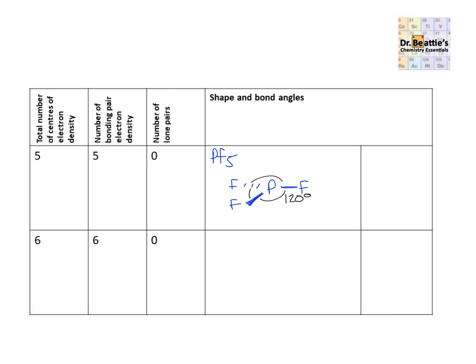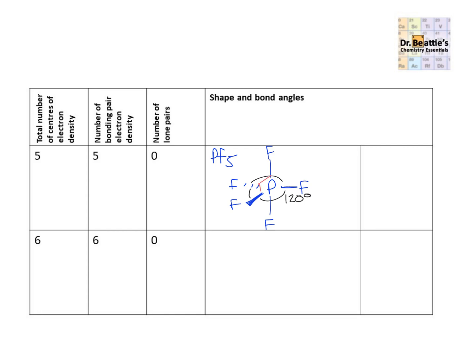These atoms and how they're arranged are known as equatorial atoms. And it's a bit like looking at a globe and you've got the equator. These are around the equator of the phosphorus. And then what we need to do is introduce the following 2 fluorines, and these adopt axial positions. I'm going to draw 1 on the top of the phosphorus and 1 on the bottom. Now the angles of these are different. So these FPF angles are actually 90 degrees.